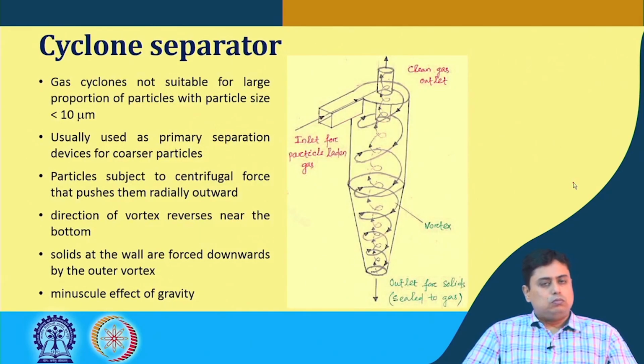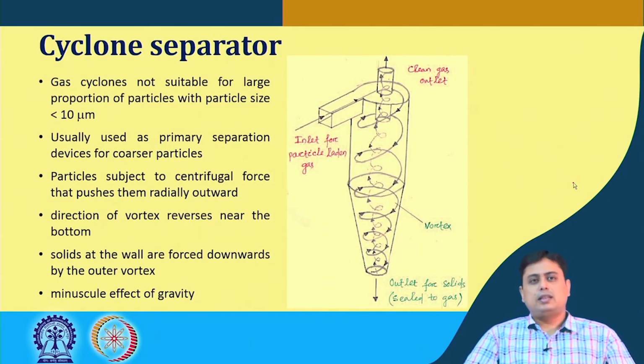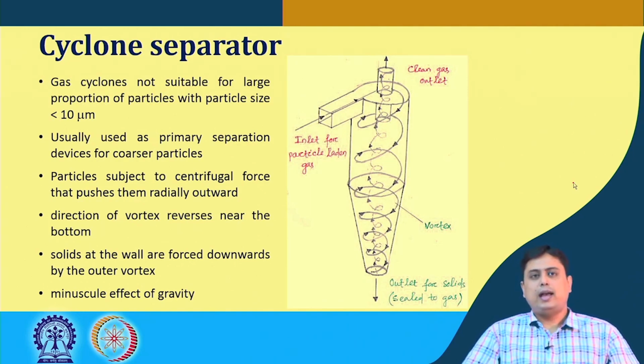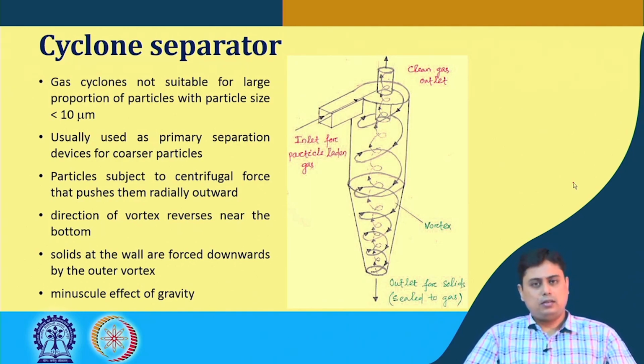As I mentioned, this gas cyclone is typically not suitable for a large proportion of particles with size less than 10 micron, because its efficiency goes down. That is why it is typically used as a primary separation device for coarser particles.